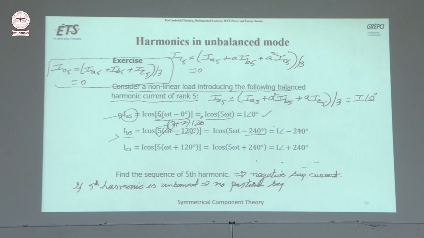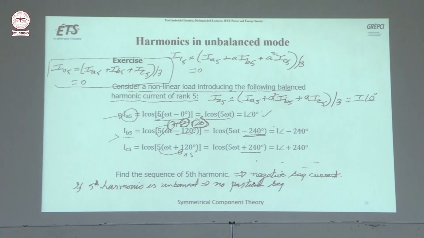So 3 multiplied by 120 will be 360 degrees, which is 0 degrees. So it remains only 2 multiplied by 120, which gives you minus 240. Similarly here, 5 multiplied by 120 and finally plus 240 degrees.